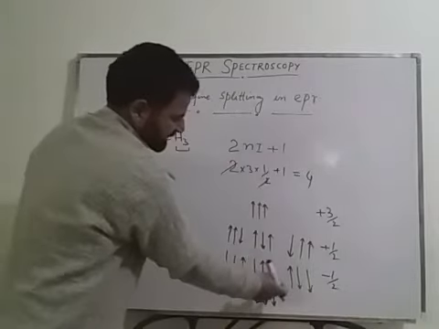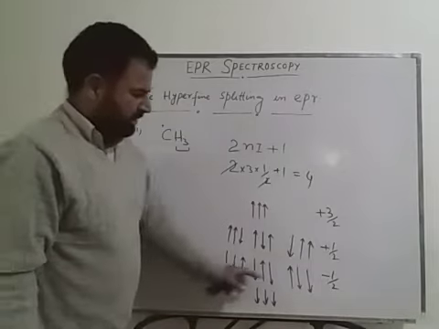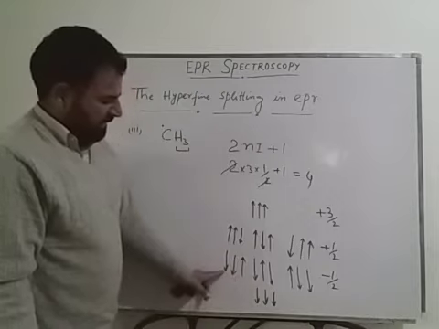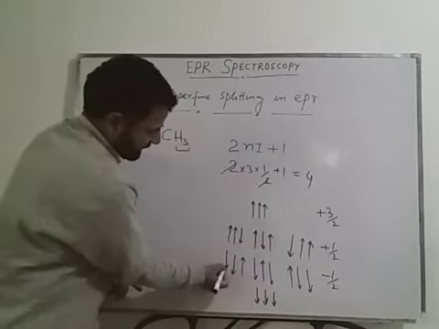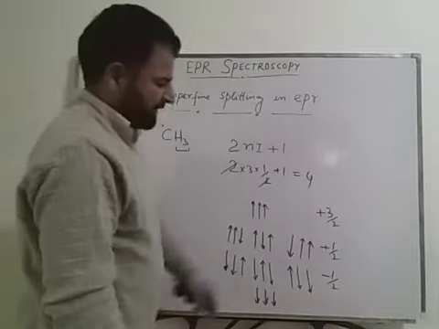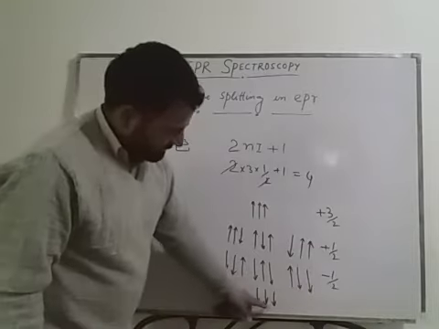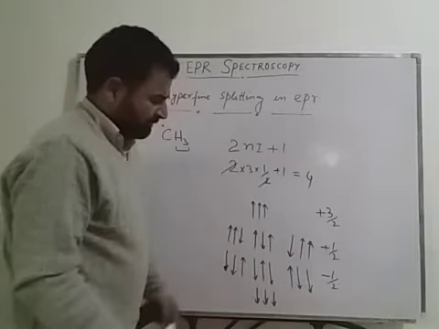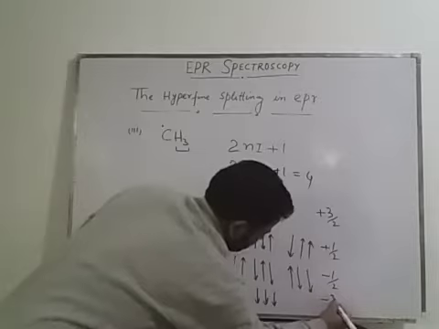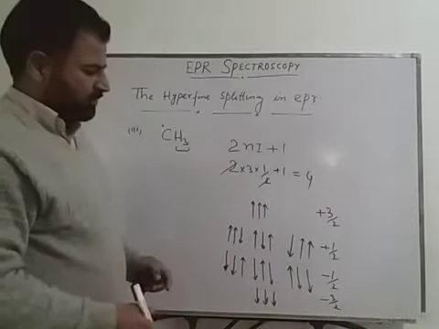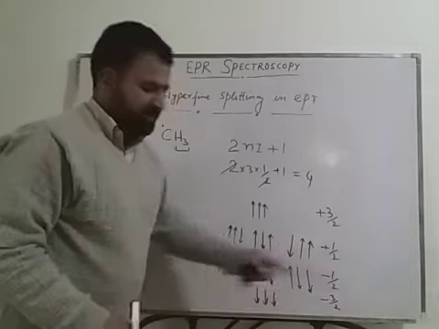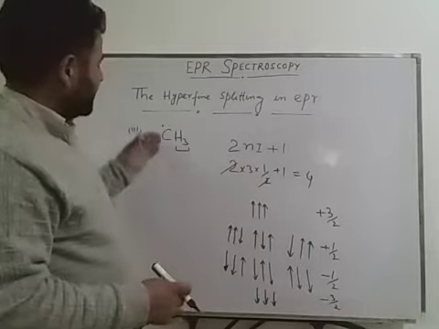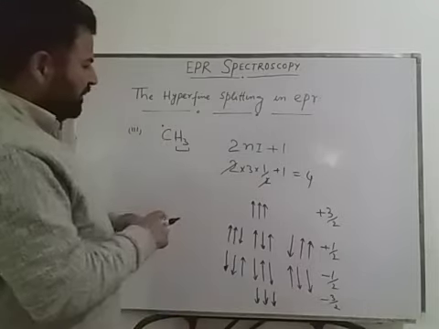Same in this case and this case, because all 3 are equivalent. So here 2 spins are cancelling out, and 1 net spin is in the downward direction, so it is given by minus 1 by 2. Similarly, when the 3 spins from the 3 hydrogens are all downwards, it will be minus 3 by 2, because all 3 have minus 1 by 2 spins, so the total spin is minus 3 by 2. So these 4 orientations will behave differently with the electronic spin. Now we will show the spectrum.